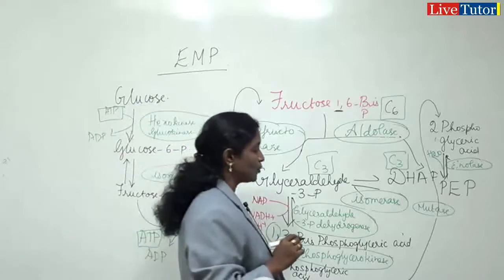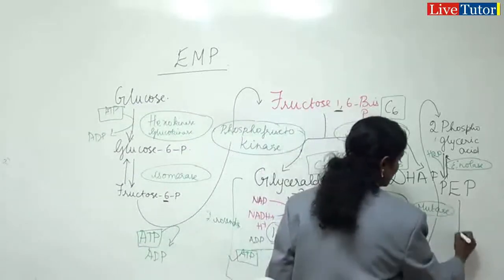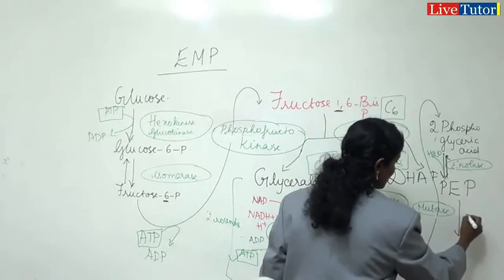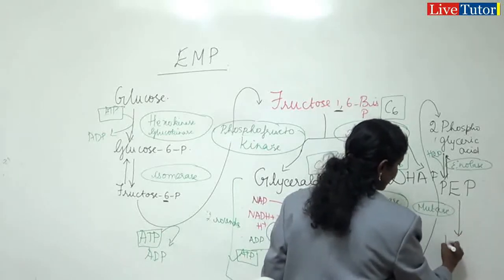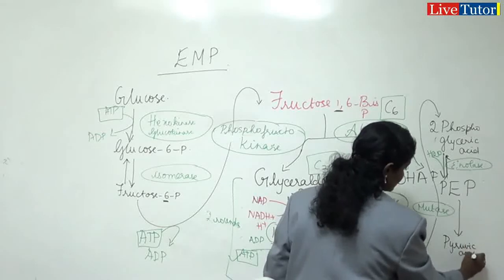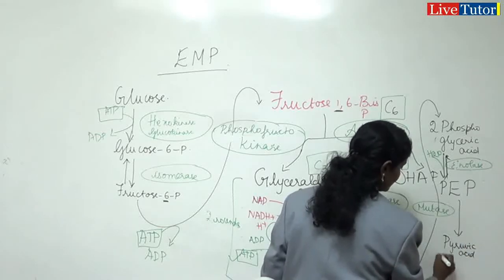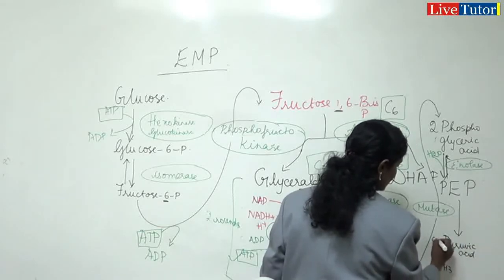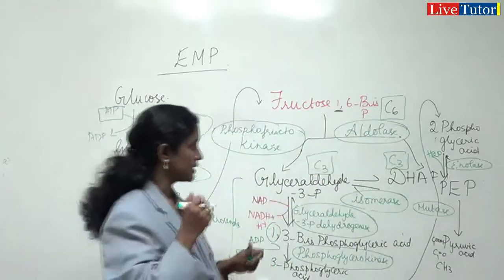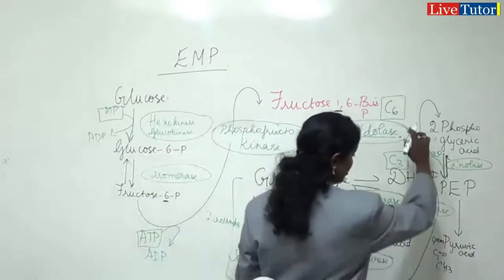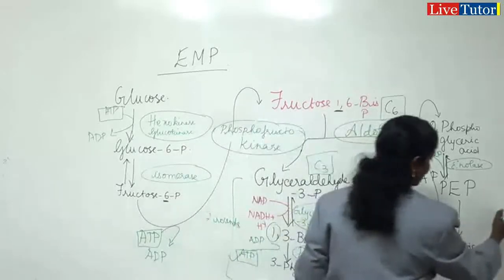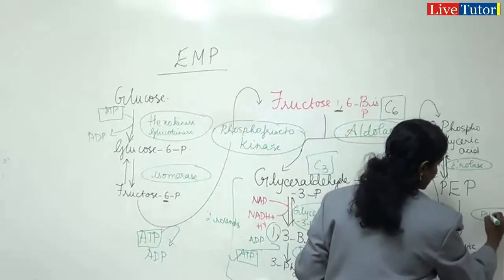So this phosphoenol pyruvate is going to get converted, in an irreversible step by the enzyme pyruvate kinase, wherein ATP is involved, and finally we get pyruvic acid, CH3COCOOH. Don't get confused here: the earlier step was by mutase, whereas PEP to pyruvic acid is catalyzed by pyruvate kinase.